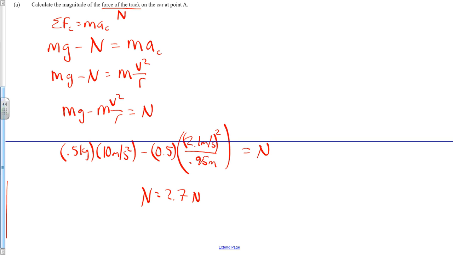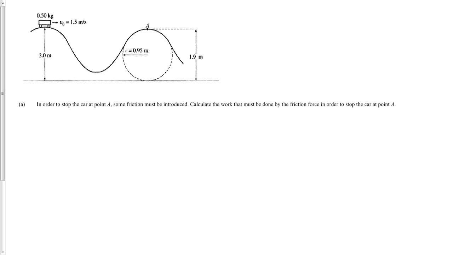So is it touching the ground? Is it going over that circle with contact? Yes, because the normal force is greater than 0. If that normal force went to 0 or less, then it would leave the ground. Anytime the normal force goes to 0, it can't be touching by definition, because in order to have a normal force, you have to be on the ground, and if you're on the ground, you would have a force exerted from the ground.